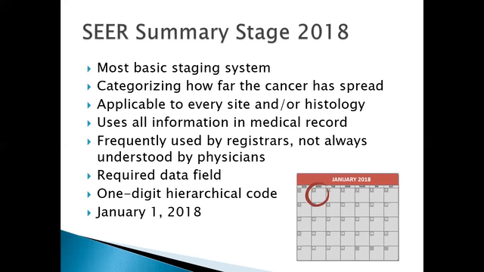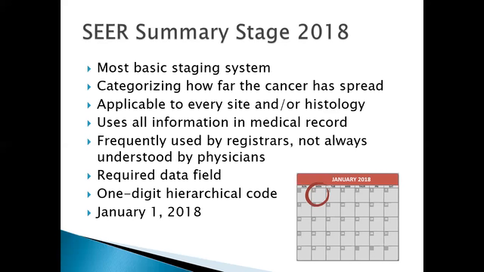The limitations to this staging system are that the categories are quite broad, that there is a wide variety of cases included, and detailed analysis of cases with specific characteristics is sometimes not possible.